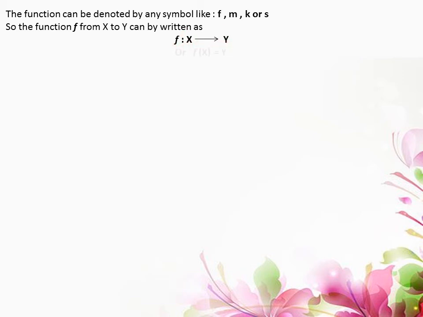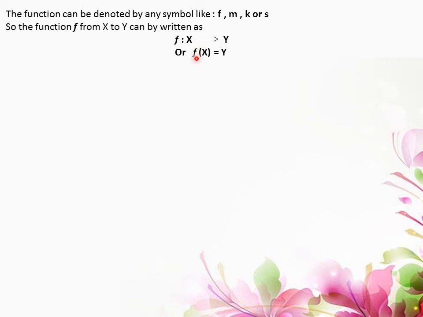We have another form, but an important form: F(X) = Y. That means a function from X to Y, a relation between X and Y. The image of X is Y. That is important.